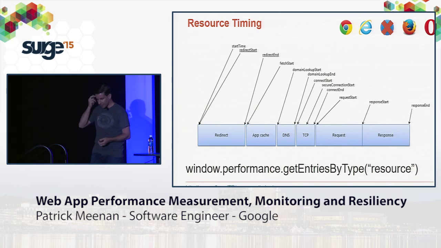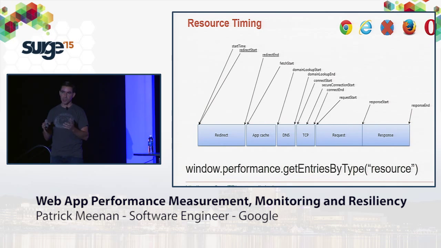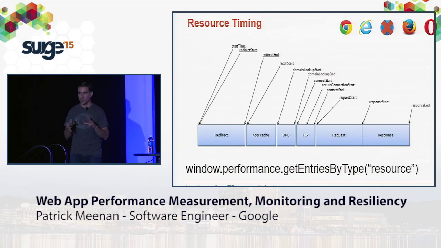It will only provide information for requests that were loaded as part of your document. The reason I draw that line is iframes are where things, especially as we start talking about ads, get a little more interesting, because iframes are their own document, so you won't see the timing for resources or even the details about resources that load within the iframe.